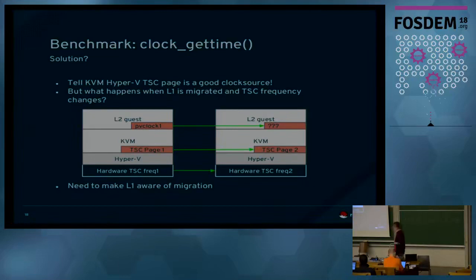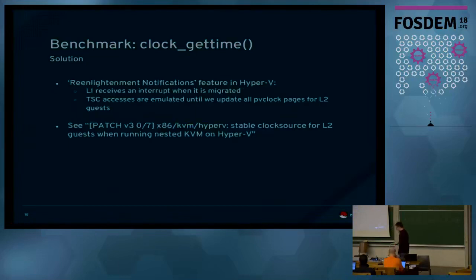So can we do that? Yes, we can. In the spec, you can find the so-called reenlightenment feature, where things work. You can ask your hypervisor, Hyper-V, to send you an interrupt when you migrate. And you can ask it to emulate all TSC access before you manage to update all the pages. And we did that.